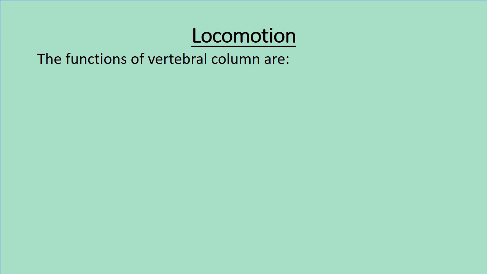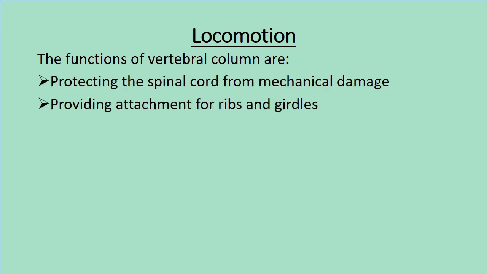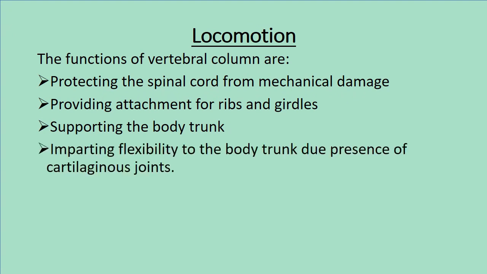What is its function? It protects the spinal cord from mechanical damage. It provides attachment for ribs and girdles. It also supports the body trunk. It of course imparts flexibility to the body trunk due to the presence of the cartilaginous joints.